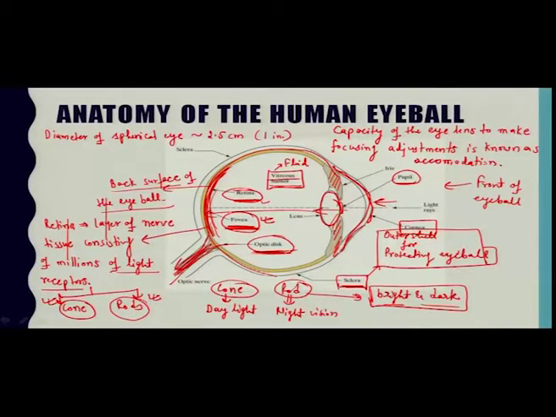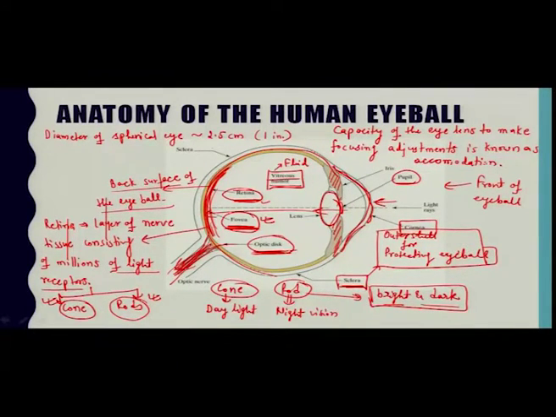The optic disc itself is absent of photoreceptors and is therefore a blind spot on the retina. So in this way, the retina is connected to the optic nerve, and the optic nerve transmits the whole image to the brain for further interpretation.